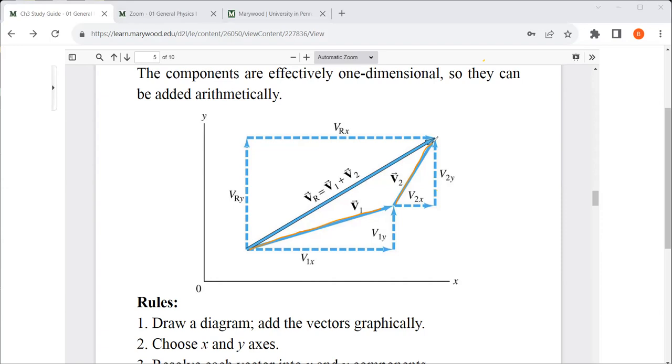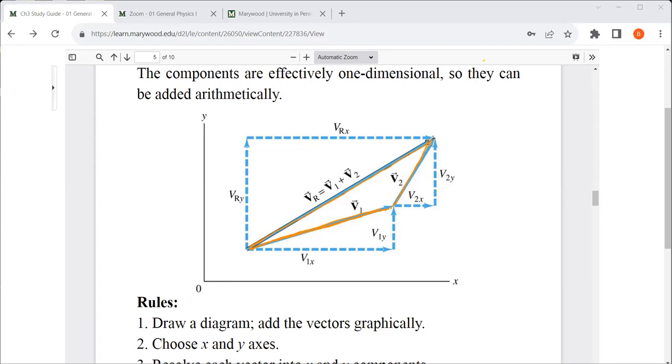The first thing we have to do is get a graphical picture, drawing them by using the tail to tip method. So this is the first vector, this is the second vector, and the tail to tip method tells us that this is the resultant vector. This is the graphical representation.